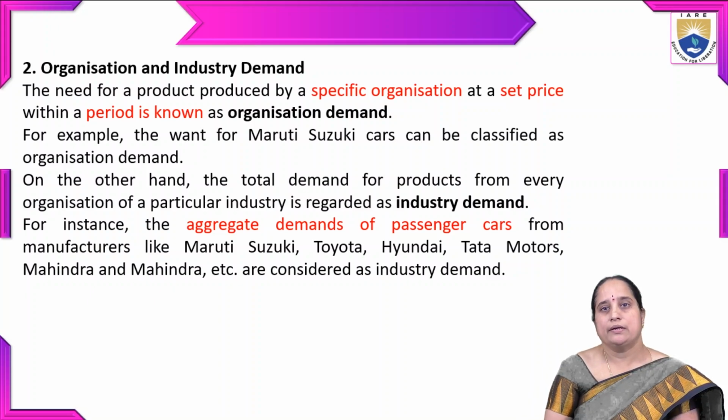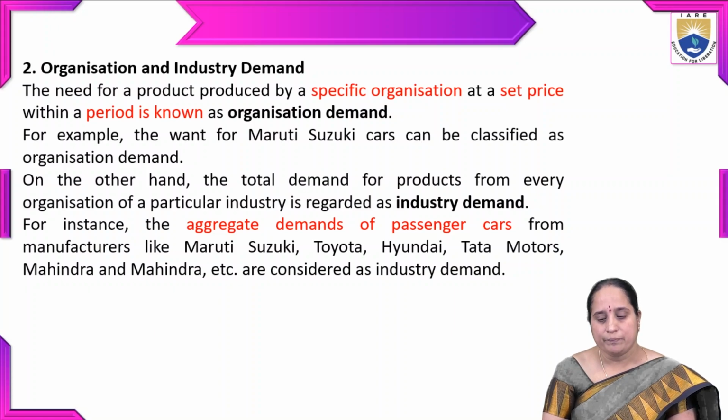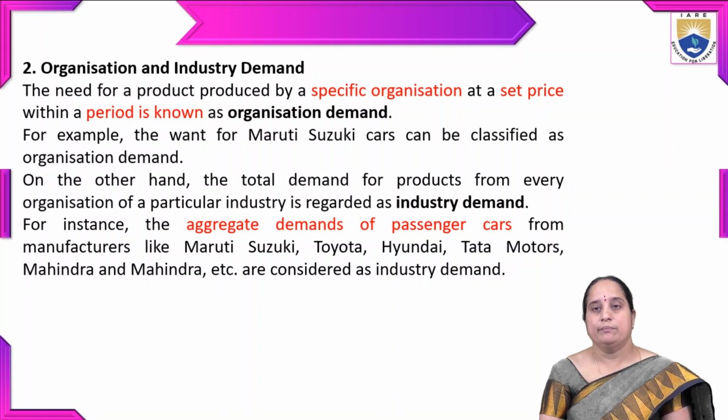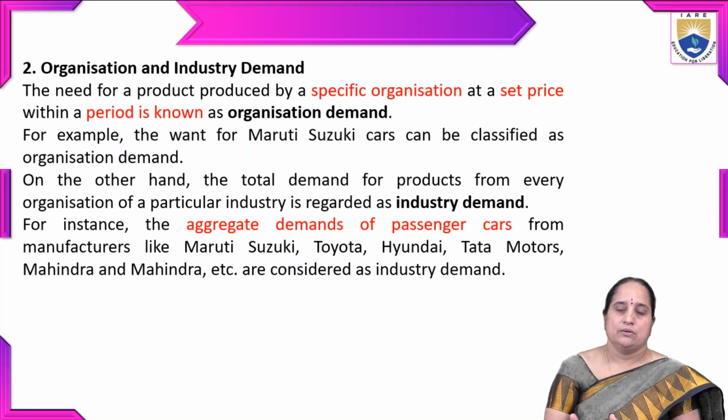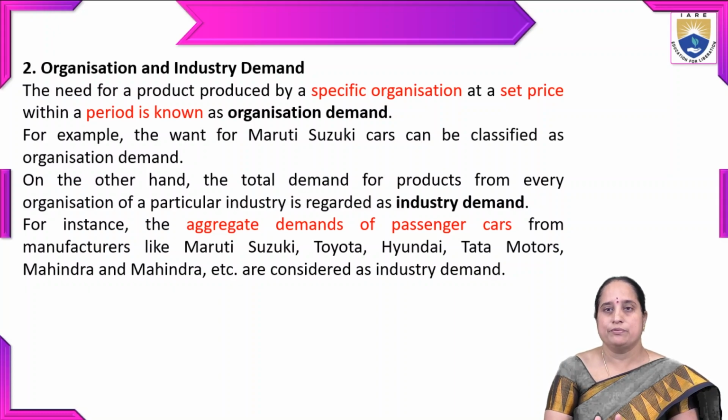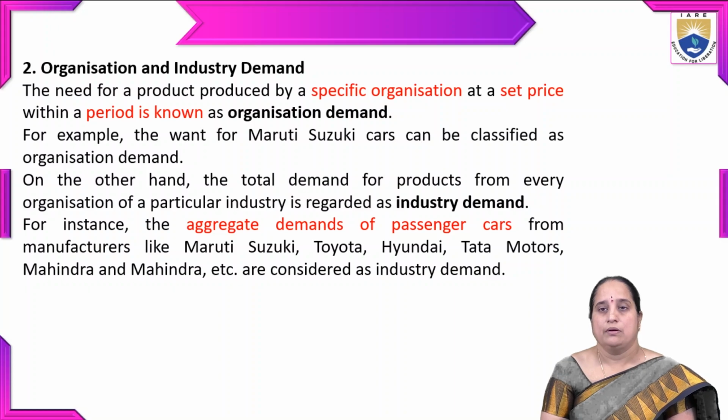On the other hand, the total demand for products from every organization of a particular industry is regarded as industry demand. Coming to industry demand, take the aggregate demand for passenger cars. Again, we can differentiate how many are passenger cars and how many are cars exclusively for individual usage.